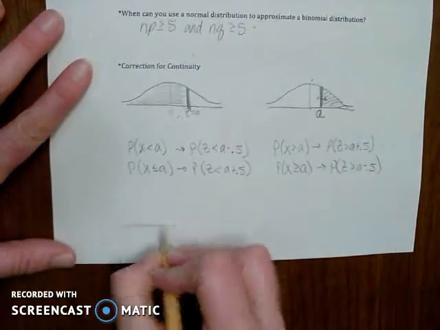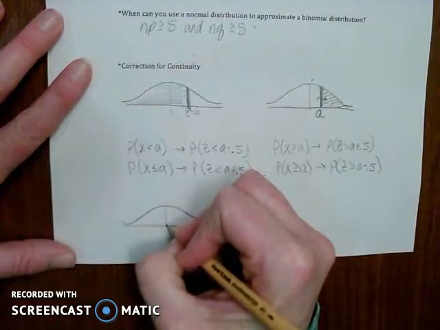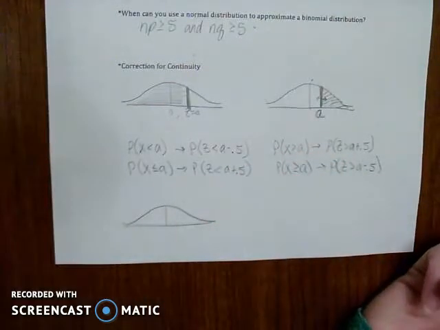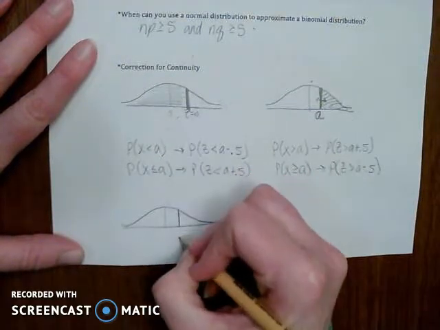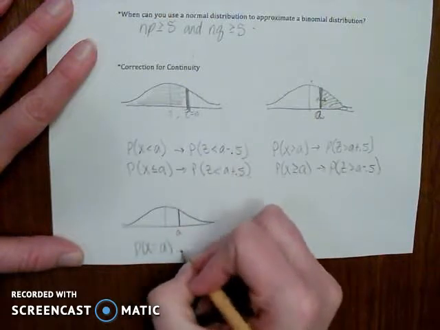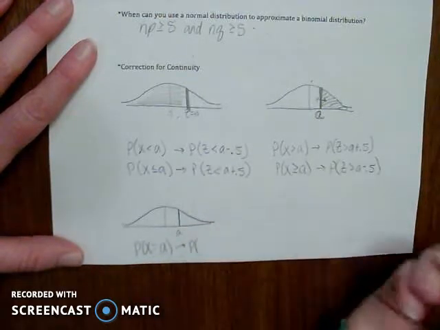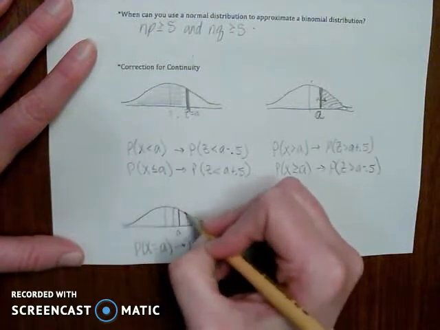There's one more thing. Sometimes we want to know if it's equal to an actual number. So we want to know if whatever we're going to pick is actually equal to a. So the probability that x is equal to a. Well, you can't find the area of a line. So what you have to do is go below and above.